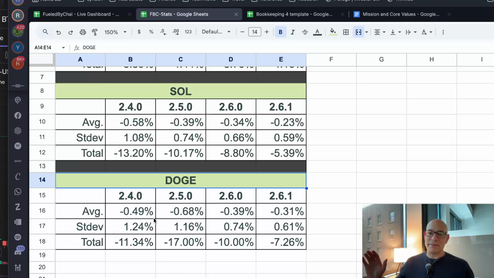So what I will be doing moving forward: I've already disabled the 2.5 strategy altogether. I'm not trading that anymore. I did not really see any significant difference between the results of 2.4 versus 2.5.